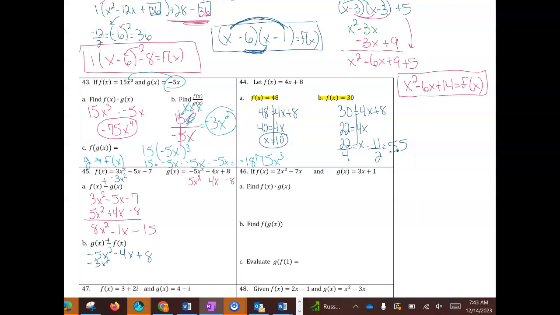The -5x becomes a positive 5x, and I'm just stacking my like terms. And the -7 becomes a positive 7. And now if I add them up, you're going to notice that your answers are actually quite similar, except they are opposite versions of each other. So what's positive is negative, and what's negative is positive.